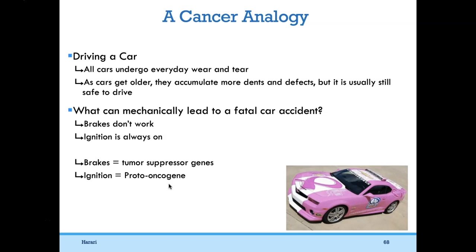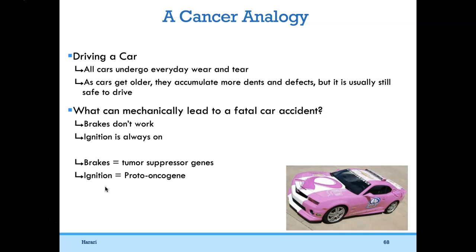The car will definitely cause you to be in a car accident, right? If the brakes don't work, meaning the tumor suppressor genes don't work, the cell will just keep on dividing with nothing to stop it, right? Normally, we want to have the ignition only on when we need it. So proto-oncogenes are good. But if the ignition is always on, that's like an oncogene, right? It's always telling the cell to divide.